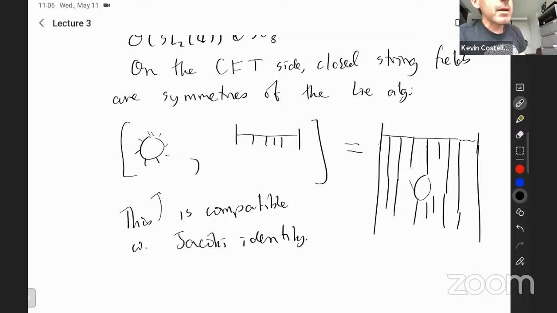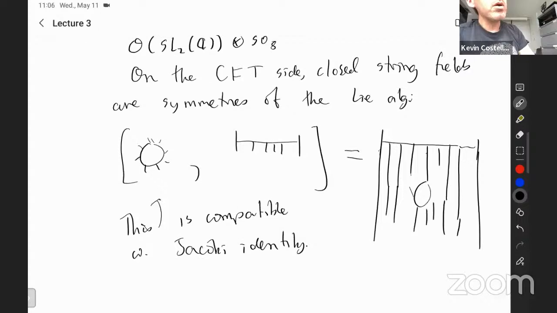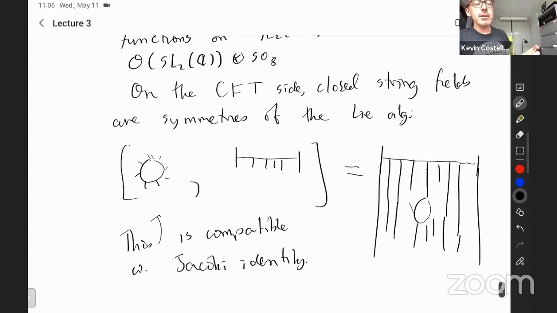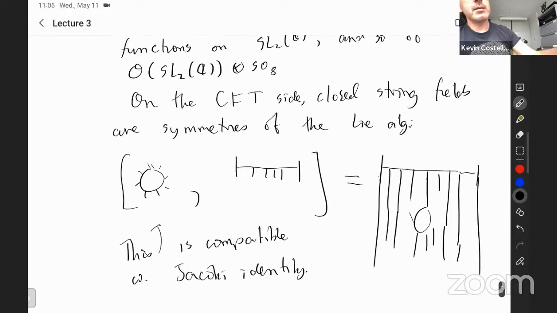So I've very briefly sketched why the argument we just gave is enough to allow us to constrain, just using algebra, all of the symmetries, and to see that for the closed string side too, we also get vector fields on SL2C.